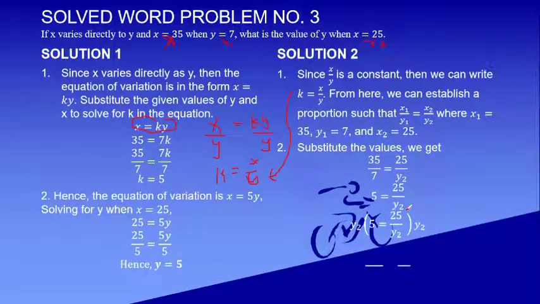So, ngayon, ang purpose natin dito, mawala yung nasa baba na y sub 2, which is ito naman, pag na-multiply nyo, ayan. Then, next, divide both sides of equation, then, y sub 2 equals 5.